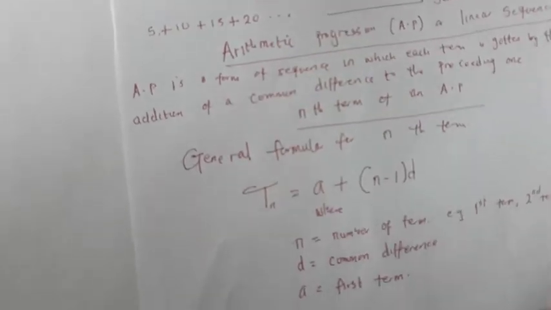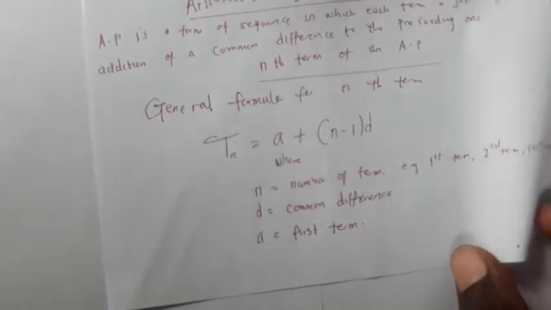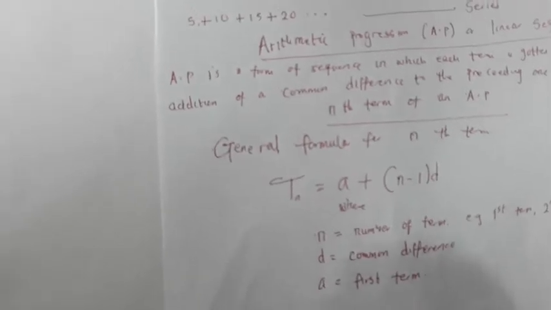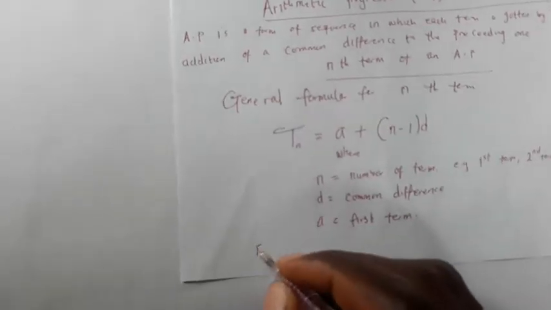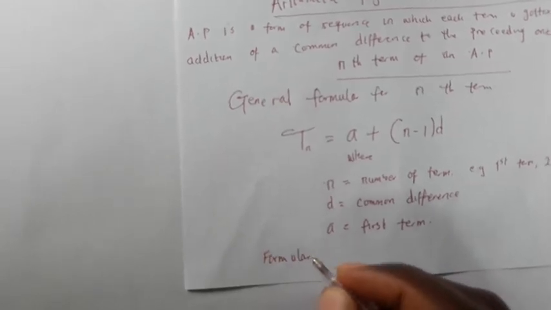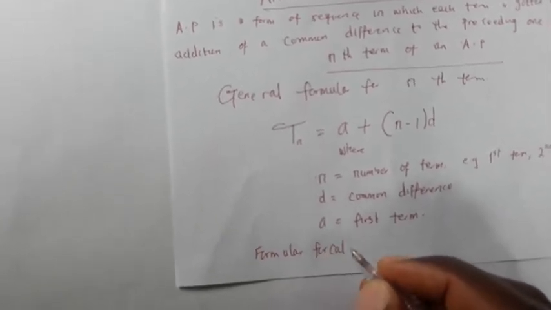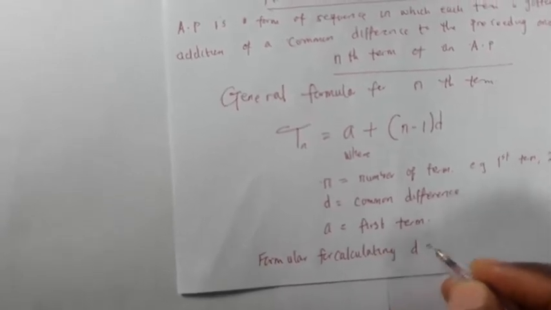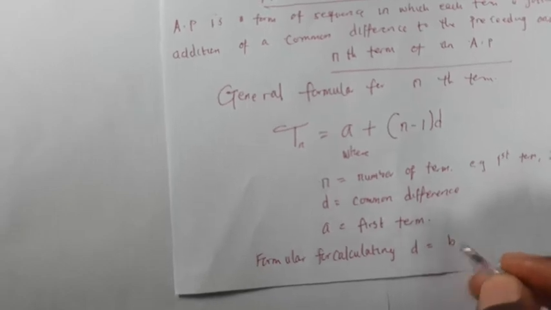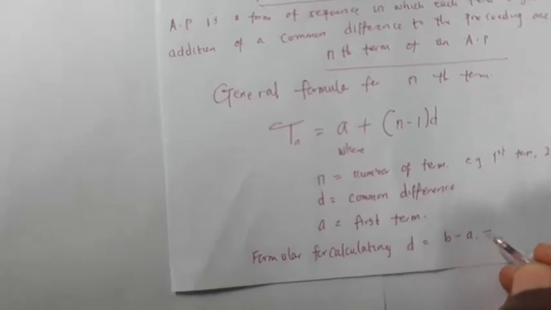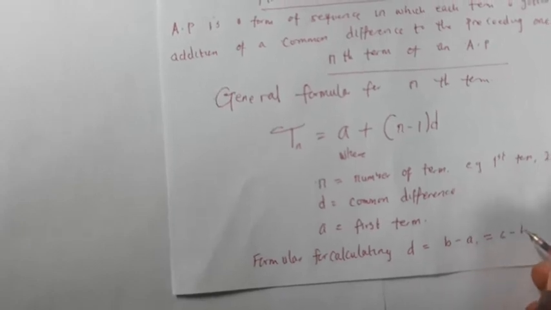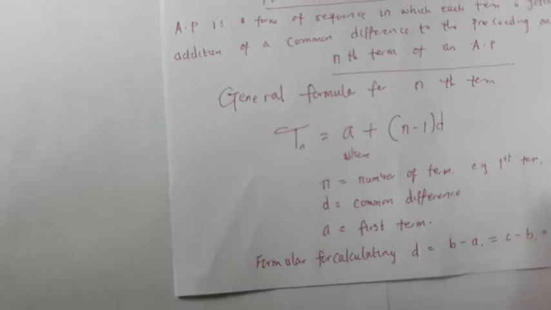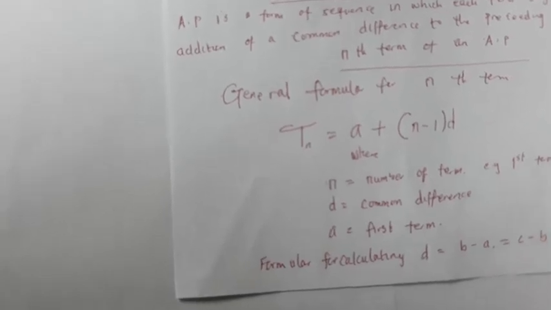Now, to calculate D, it has a formula. The formula for calculating D is B minus A, which must equal C minus B, which must equal D minus C, and so on and so forth.